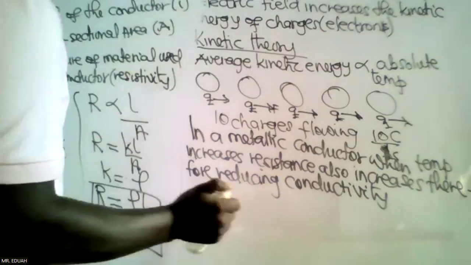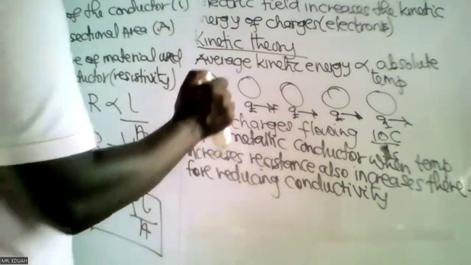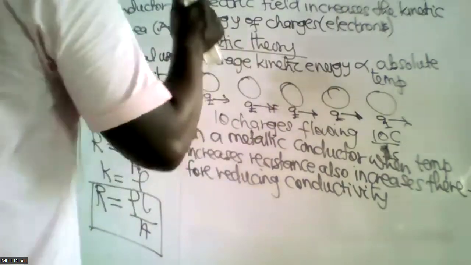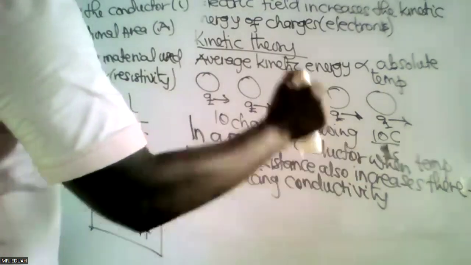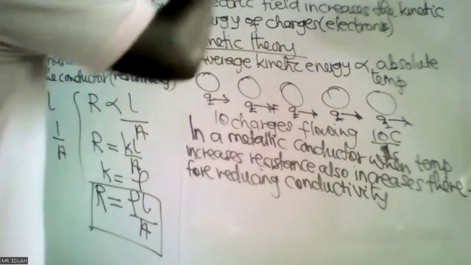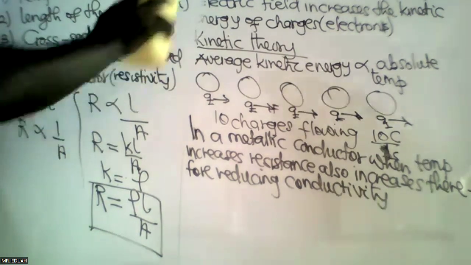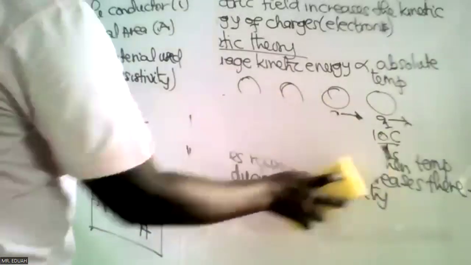Please, with the cross-sectional area, a wire has the area of a circle. So the area of a metallic conductor is the area of a circle.